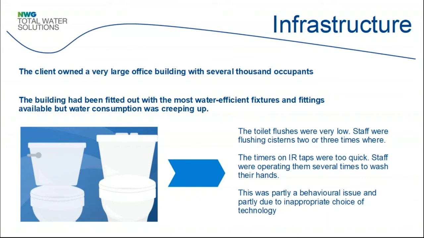So what that client is actually doing now, and this is a rolling program which will take many years, is whenever the infrared taps fail, they're replacing them with standard push taps. And whenever the cistern flush mechanisms fail, rather than replacing them with a 4 litre flush, they're replacing them with a 6 litre flush.